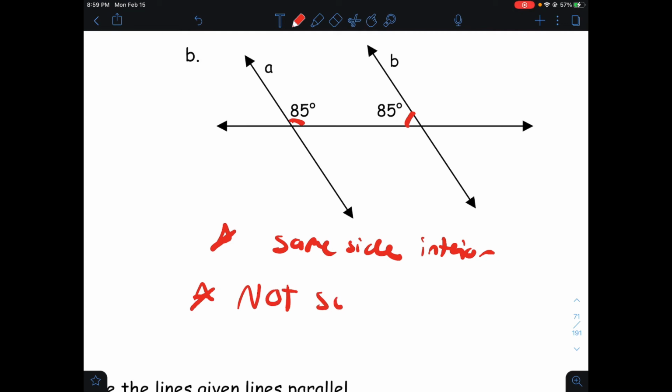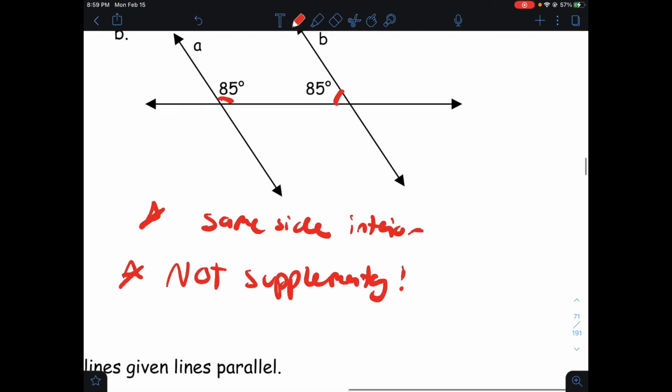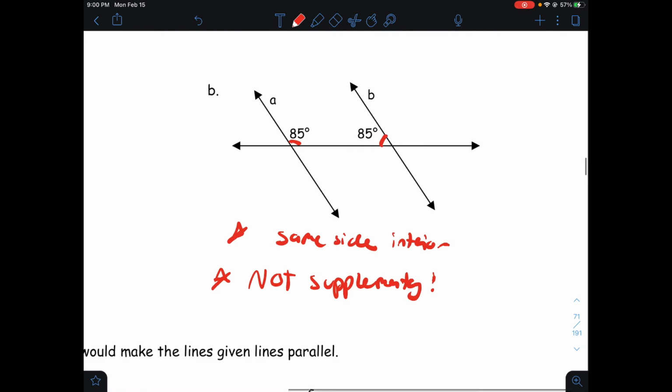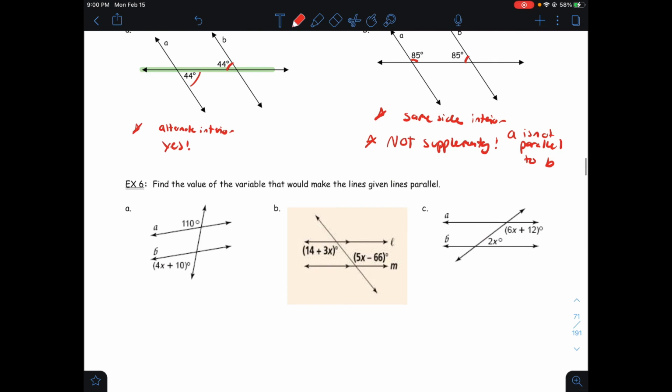No. So if they are not supplementary, that means that A is not parallel to B. These clearly are not supplementary. What's 85 plus 85? Doesn't equal 180. That's not what we're looking for here. So the lines are not going to be parallel.